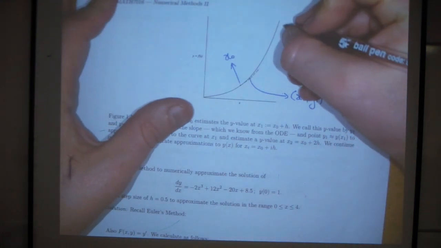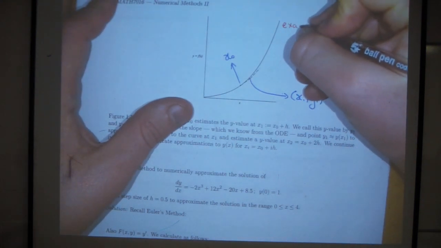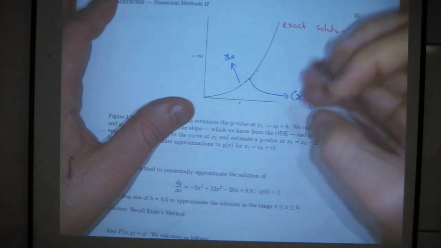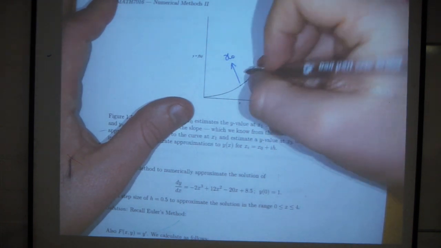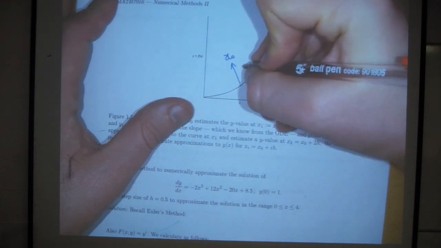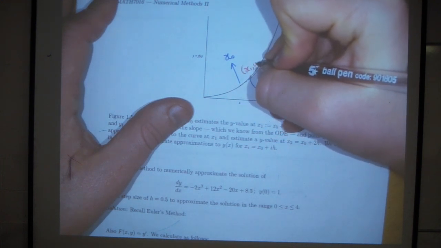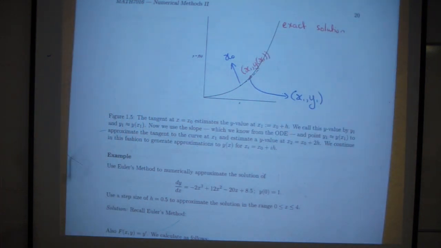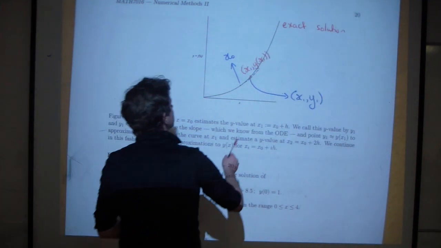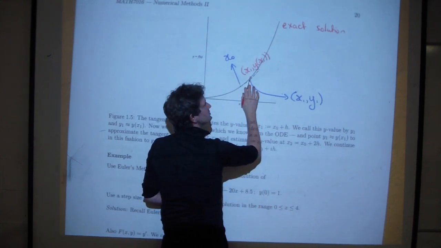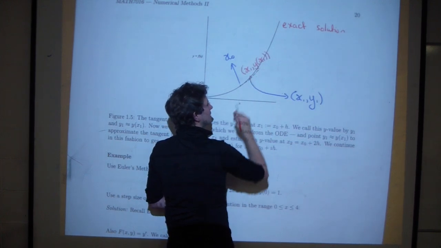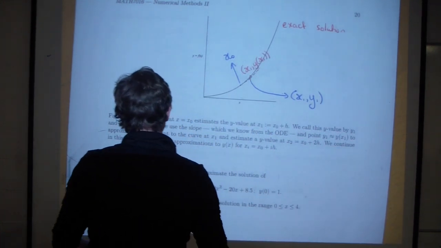So this here represents the exact solution. And if you go above this little point here, this is the point x1, y of x1, and this y1, which is not the point on the curve, it's the little point on the little line segment. Well, those y values are close together, so it's a good approximation.